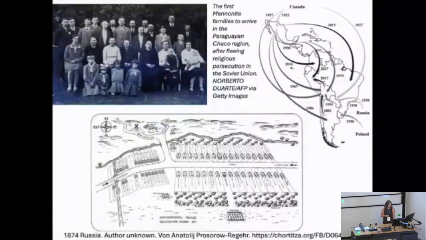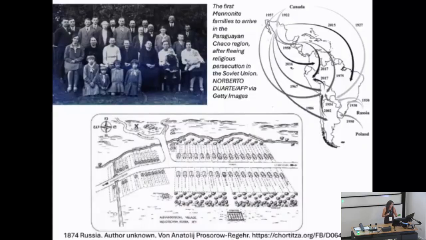This is the Mennonites, and are you familiar with Mennonites? The Amish, the horses and buggies, like in Pennsylvania in the U.S. These are a different sect related to the Amish. They're pacifists. They live in very isolated communities, and they are expanding, and they have been expanding for 300 years.